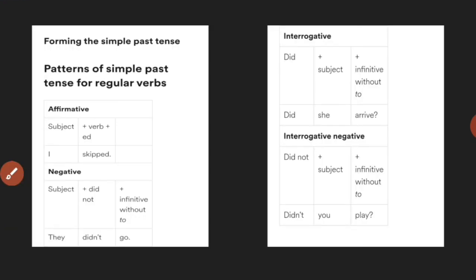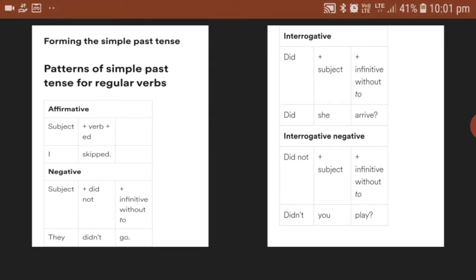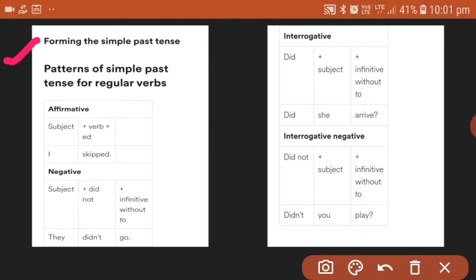Students, here are two patterns by which you can know the formation of simple past tense. Patterns of simple past tense for regular verbs. First, for affirmative sentences, students, you know very well, in affirmative sentences there is no need of a helping verb.